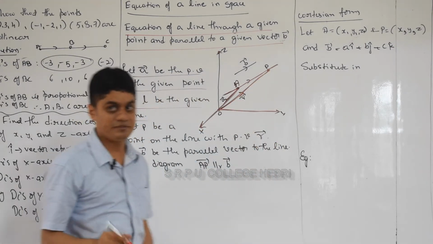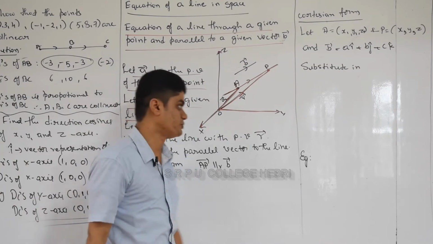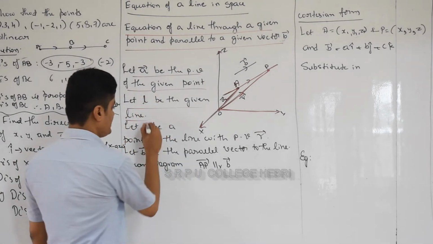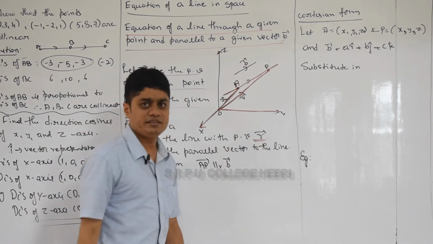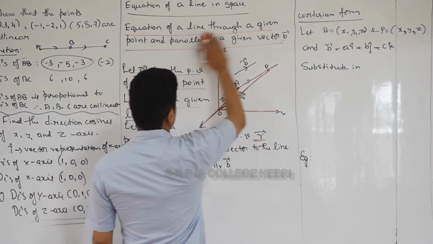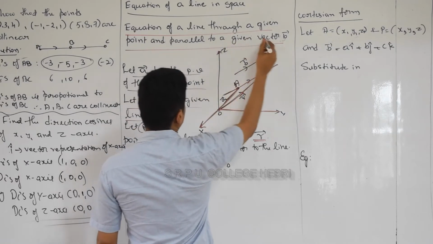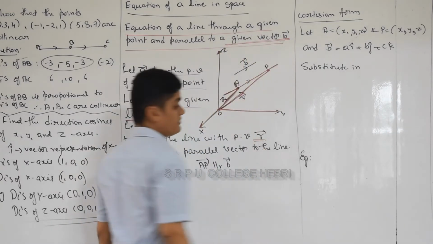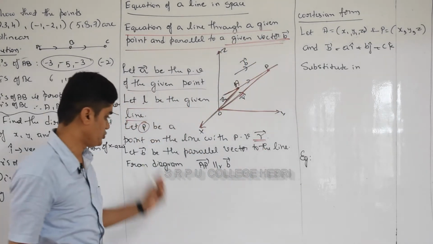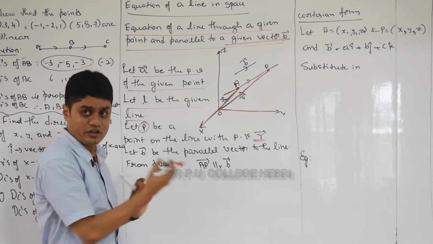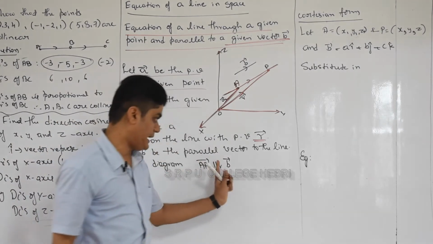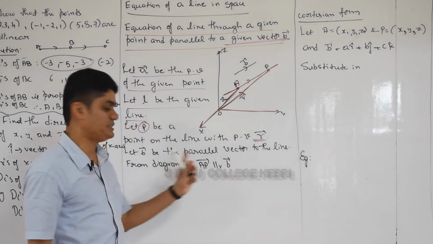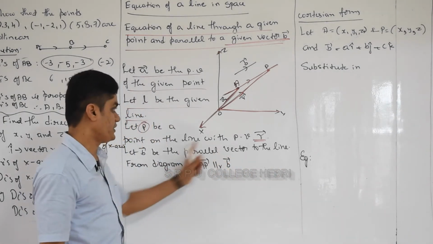Position vector means it is with respect to one fixed point, so please remember that. So consider point P with the position vector, vector R. In the question itself, it is given that the equation of a line passes through the given point parallel to a given vector. The given vector is mentioned as vector B. So in the solution, let vector B be the parallel vector to the line, in the diagram.